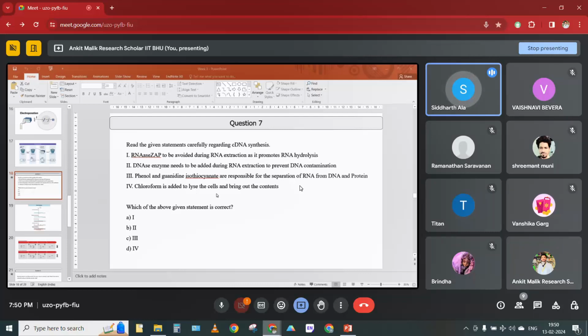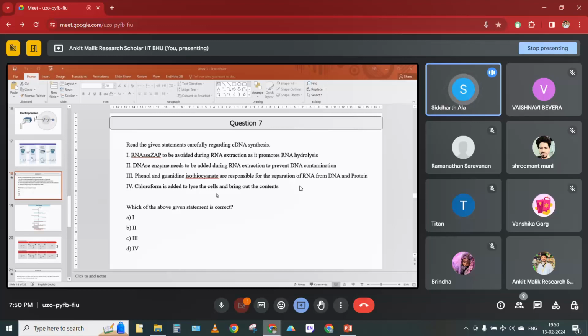Actually, RNA is a very volatile, very hard to handle molecule because of its volatile and reactive nature. So some DNA may also be present inside the RNA.